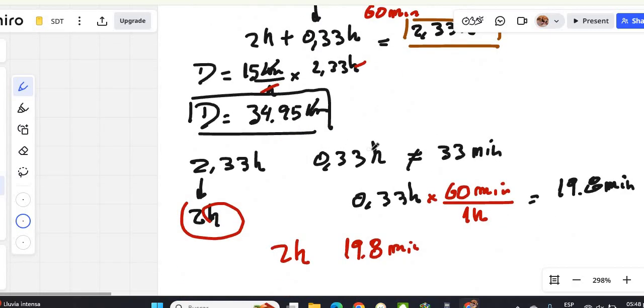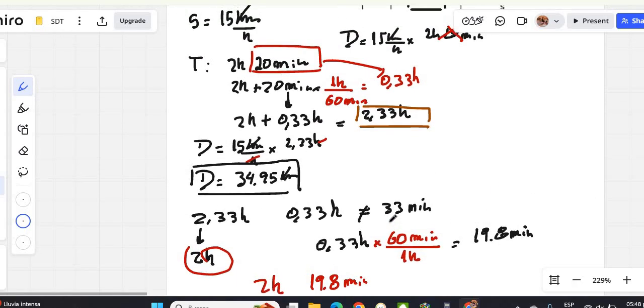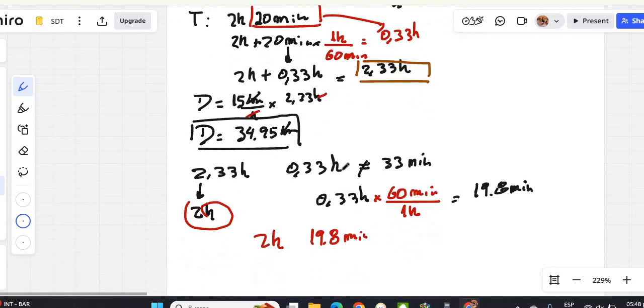Because we rounded the numbers. We rounded to 0.33. If you were to choose more decimals, then the result would be closer to 20 minutes. Okay, so this is important. And the most important part is that when you multiply speed and time, you don't multiply with hours and minutes. You just have to convert all of that time into hours, okay?